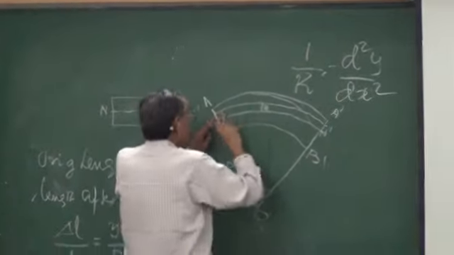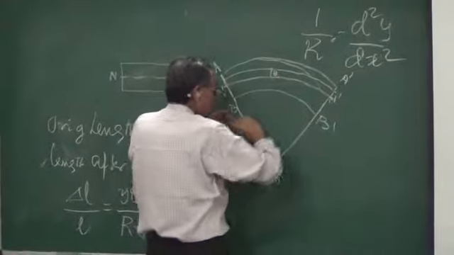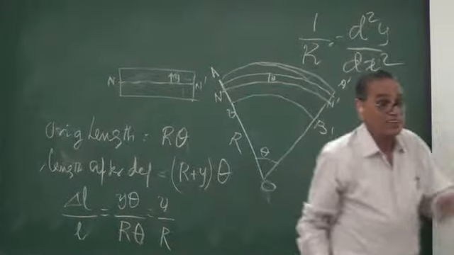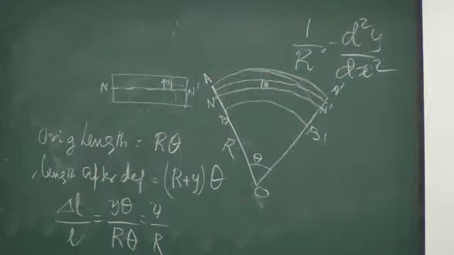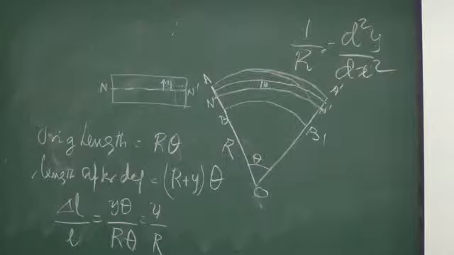This y value as a function of x will keep changing. So this is a curve, y against x, and d square y by dx square is the curvature of the curve. You can neglect the term (1 plus (dy by dx) whole square) power 3 by 2, because dy by dx whole square can be neglected as we are considering small deformations.